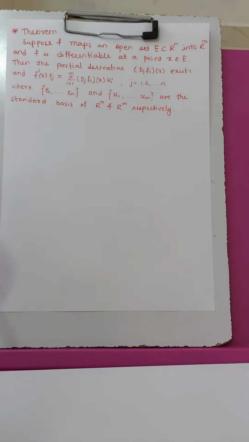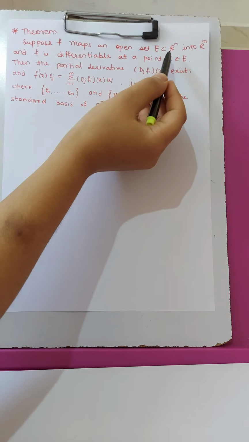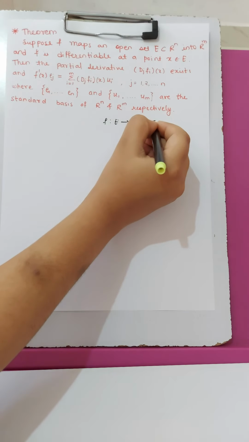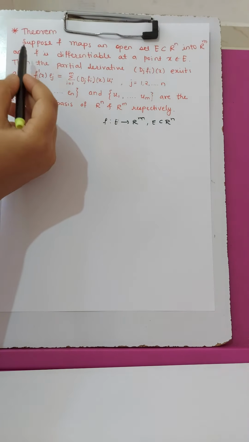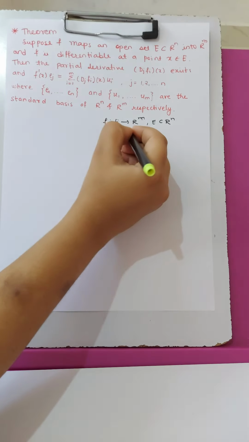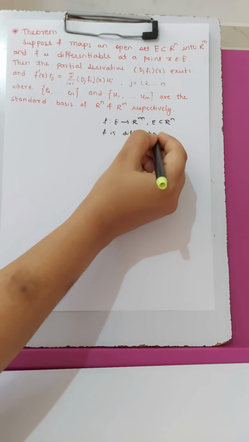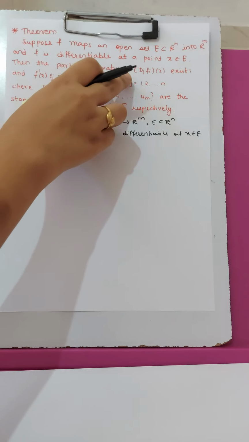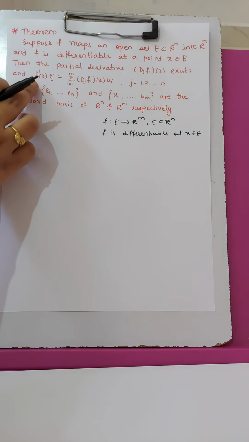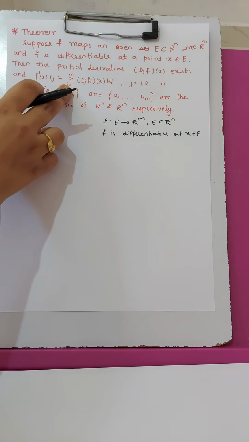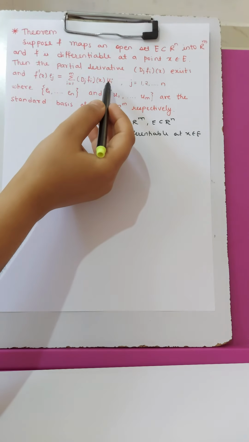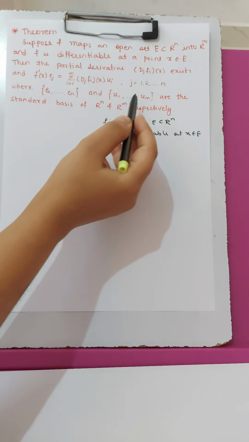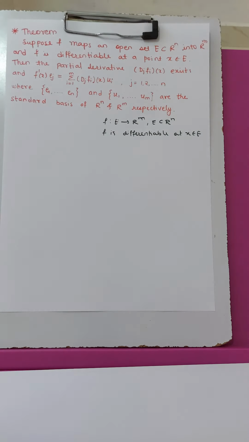Now this theorem states that suppose f maps an open set E, which is a subset of Rn, into Rm, that is f maps E to Rm and E is a subset of Rn, and also given that f is differentiable at x belongs to E, then the partial derivative Dj fi of x exists and f dash of x ej is equal to summation i from 1 to m Dj fi of x ui, where j ranges from 1 to n, and where e1 up to en and u1 up to um are the standard bases of Rn and Rm respectively.